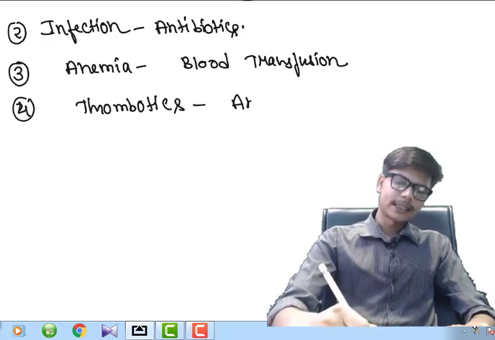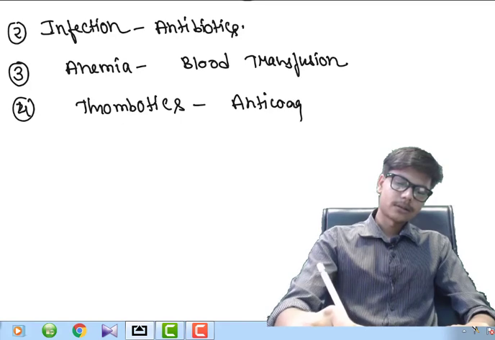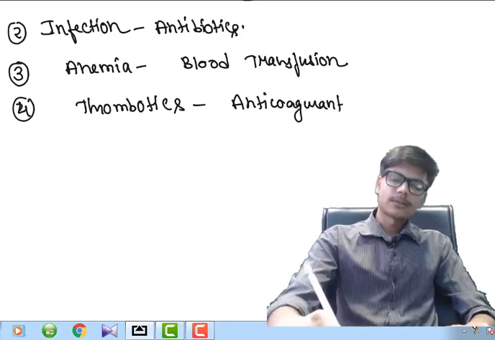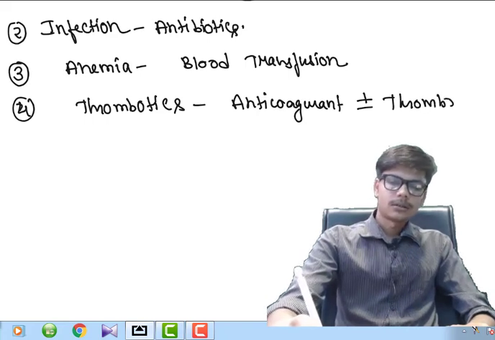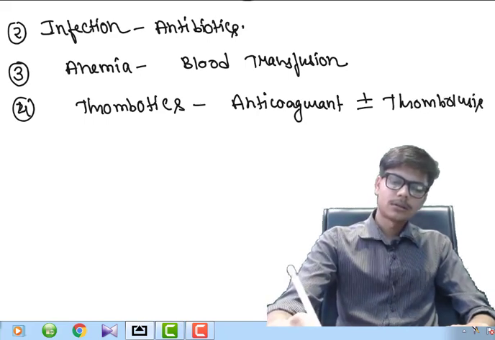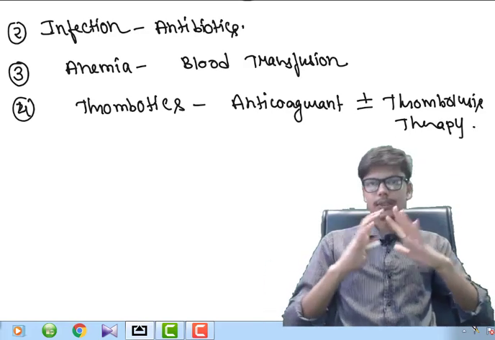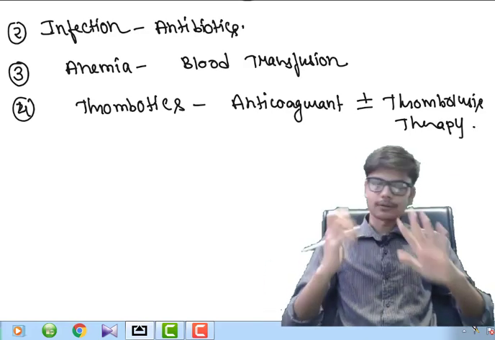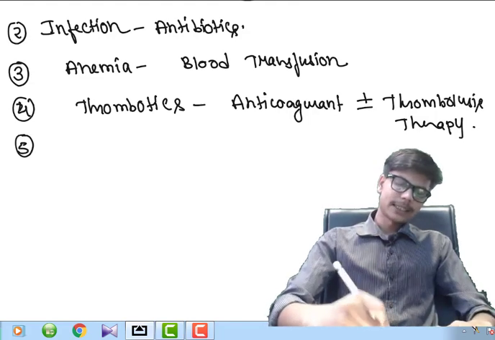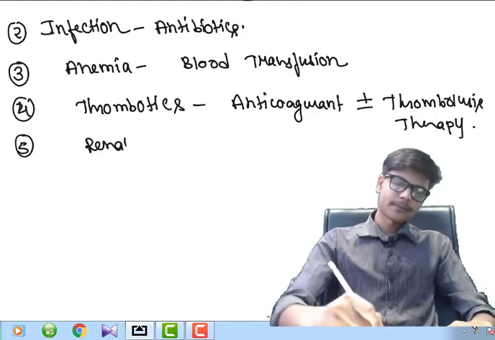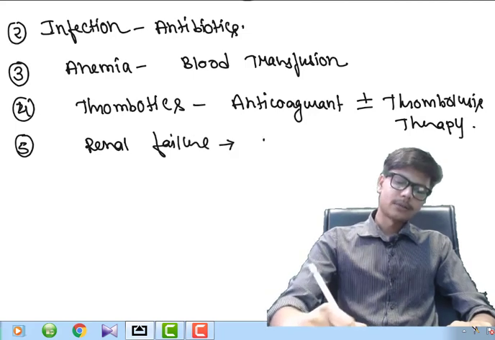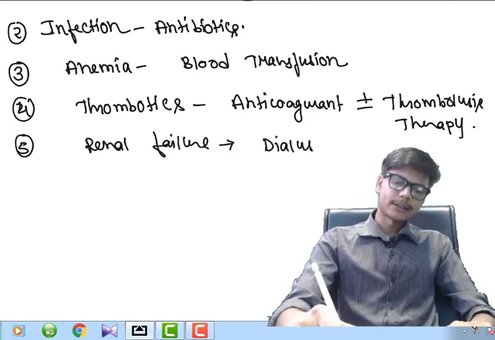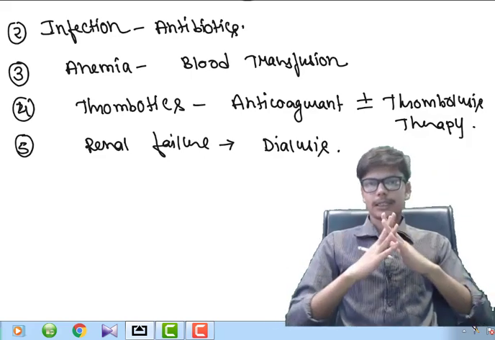We can use anticoagulant plus or minus thrombolysis therapy. If renal failure occurs, then we have to go for dialysis in a patient of nephrotic syndrome.